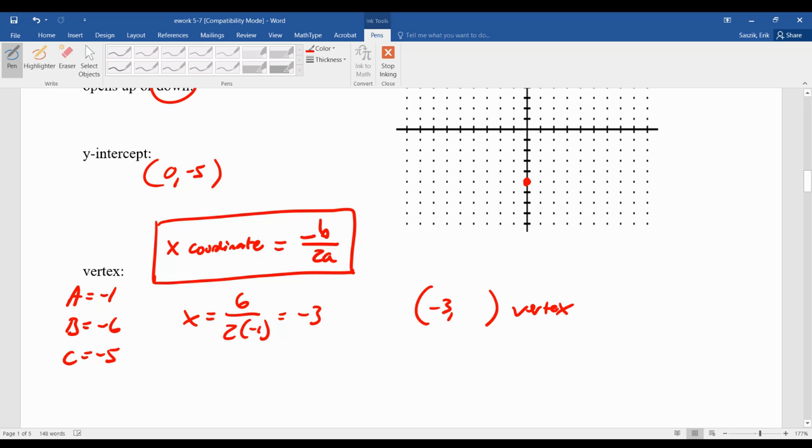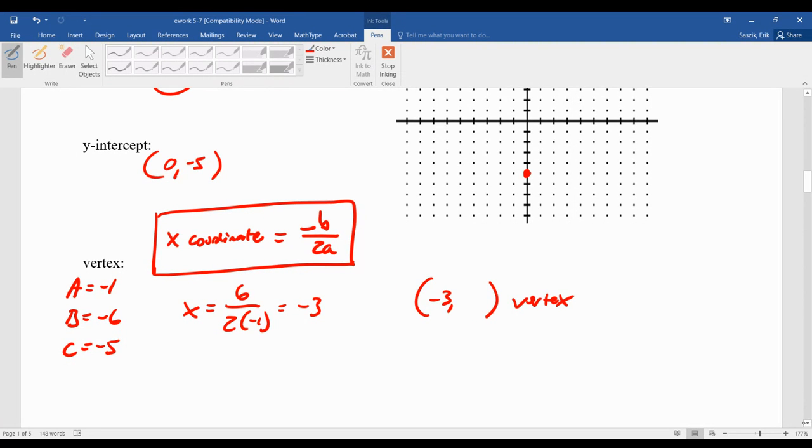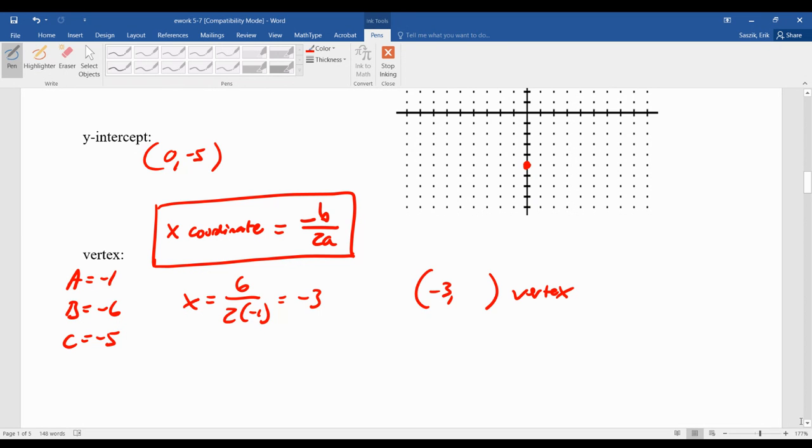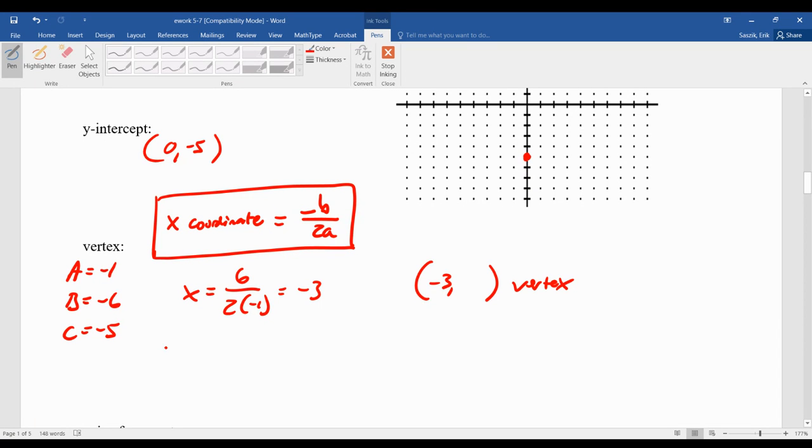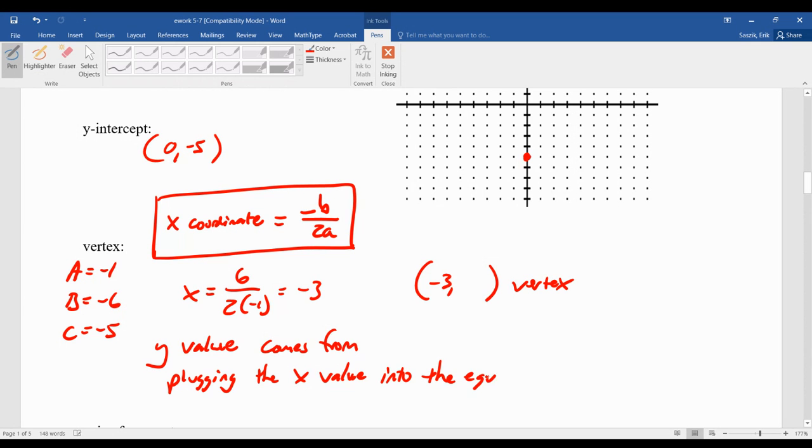Now remember, that is just the x value of the vertex. We need the y value as well. Now, how do you get the y value? I'm going to write that down. Okay, the y value comes from plugging the x value into the equation.